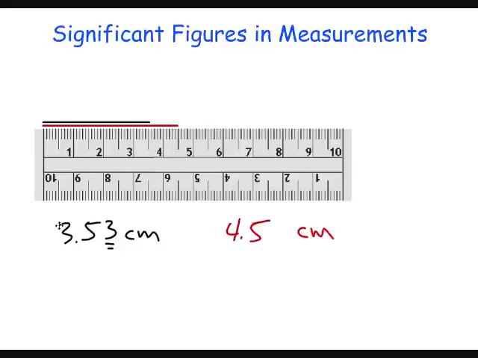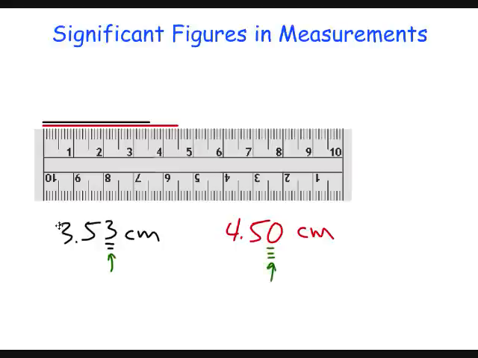Okay. Here's the thing. You might say that's 4.5 exactly. It's right on the 4.5 line. Since we're using the same instrument, the same ruler, we should have the same precision in our measurement. Over here, the digit that we're implied that we're guessing at is that 3, or the hundredths of a centimeter. So we have to have the same degree of precision in our other reading of the red line. So if we think it's 4.5 and it's right on the line, we need to put a 0 there, indicating that that is the digit that we're guessing at.